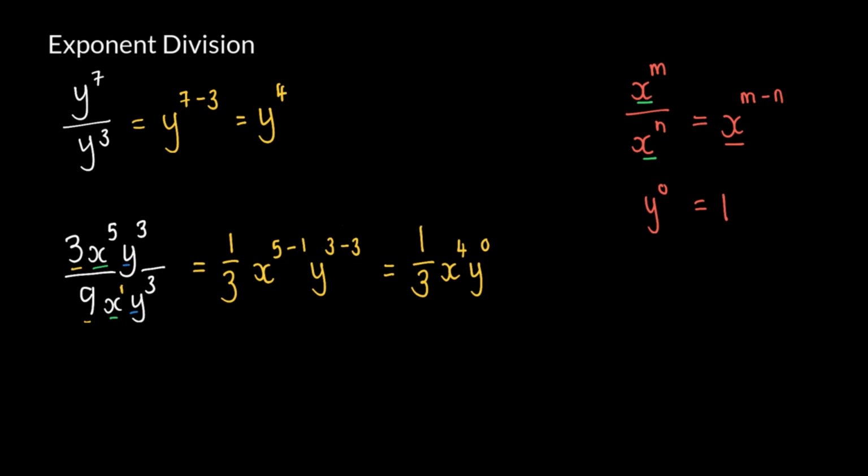We can rewrite this as 1 over 3 times x to the power 4 times 1, which is just the same thing as the answer that we have, because if we multiply anything by 1, it just gives us that number. So we can take this 1 away. That's the answer we're looking for.